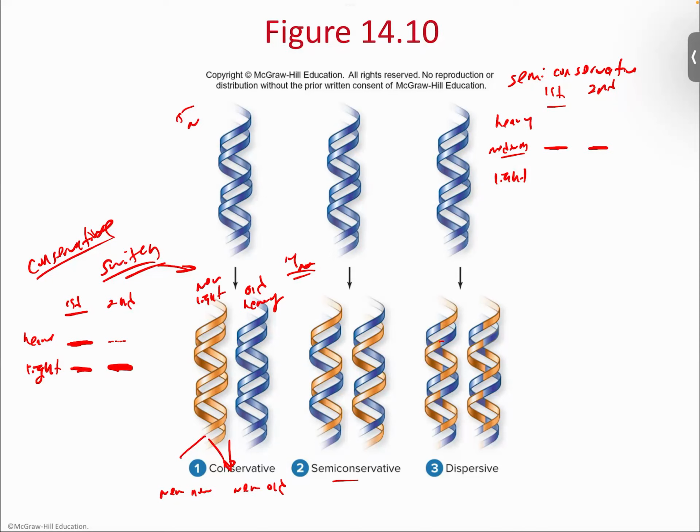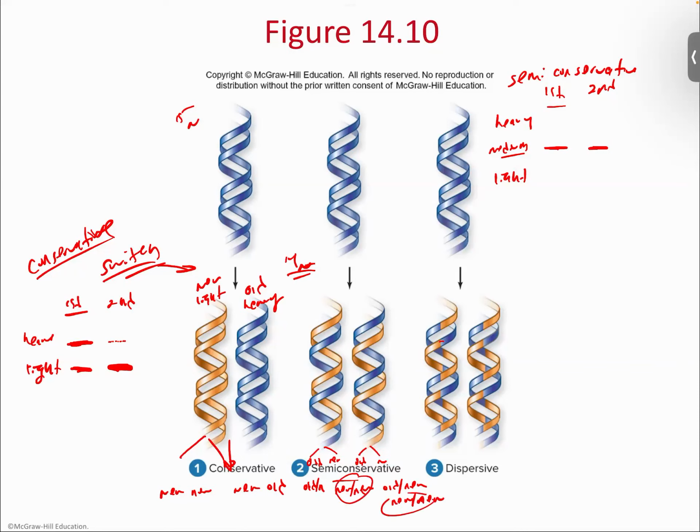Or is that true? Let's think it out for a second. If these guys were to split templates, one would be heavy, right? Old, blue. One would be new, old, new. Then this strand here would be a combination of old, new, and this would be new, new. This one here would be old, new, and then new, new. Notice what's happening.